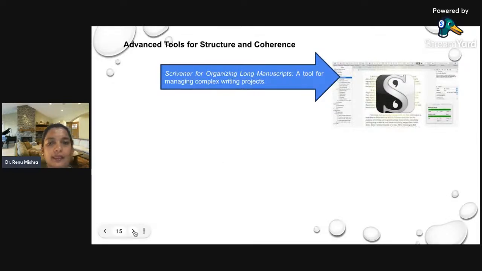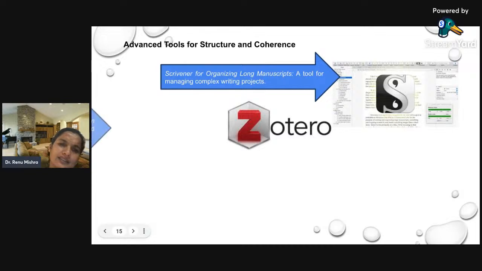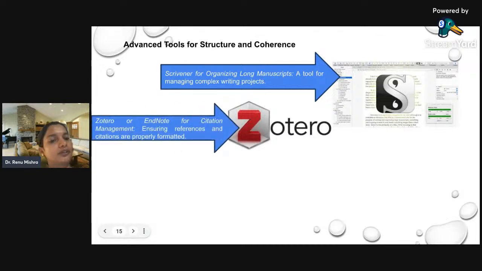Then is Zotero. I think there is no need to introduce this here, because Zotero or EndNote are very popular for citation management. Categorically, all the PhD scholars must be aware of it. If not, let me tell you that these softwares are used to manage your citations for referencing.